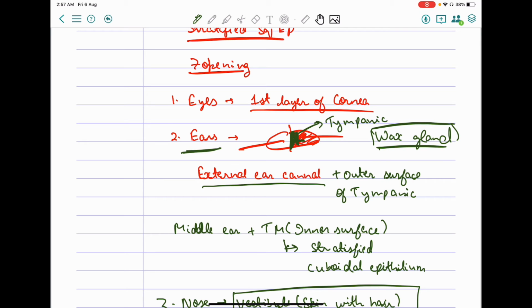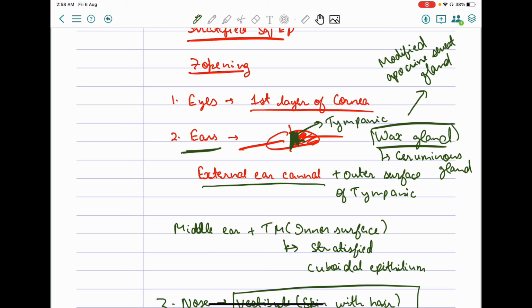We call it the ceruminous gland. And what type of gland is it? Actually, it is a modified apocrine sweat gland.